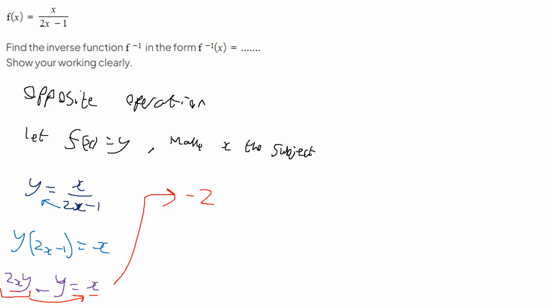You'll get minus y is equal to x minus 2xy. And now because we want to make x the subject, we can factor out this x. So we're left with minus y is equal to x times 1 minus 2y.